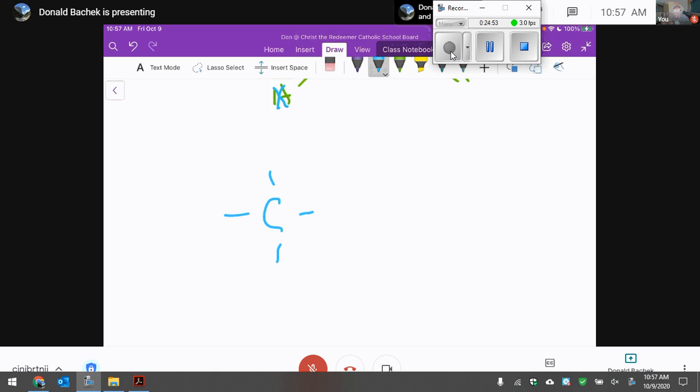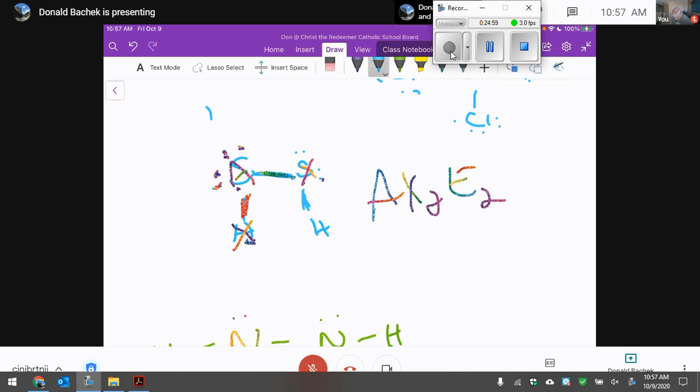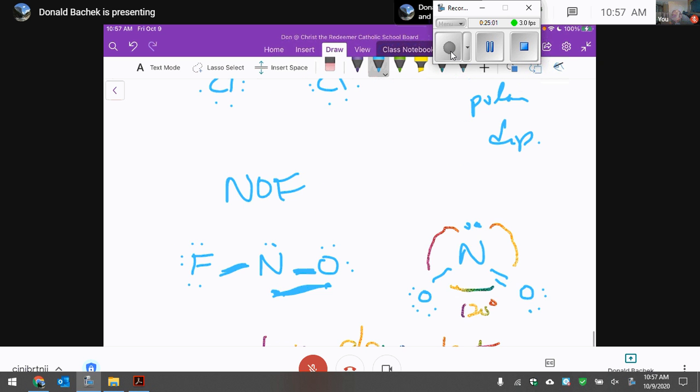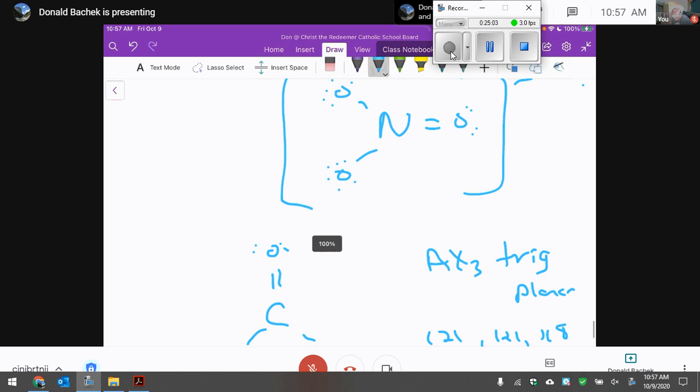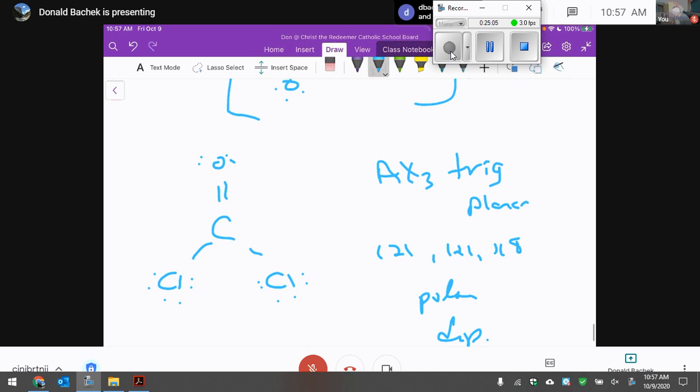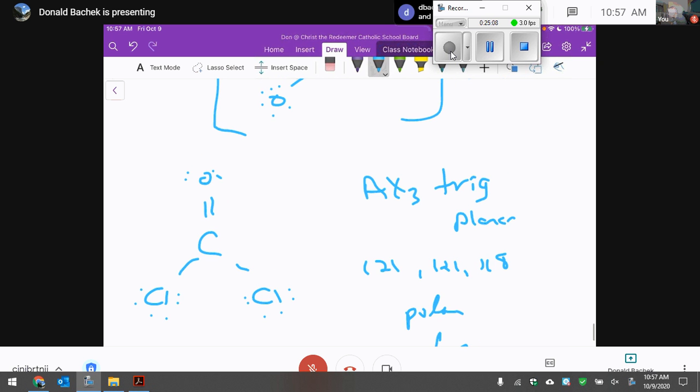So if we went back to those, which I'm not going to be able to do because I don't know how this thing works apparently. If I can go back here to this one, obviously, the rules for nonpolar are simple: AX2, AX3, AX4, and all the X's have to be the same. This is AX3, so it has a chance, but of course the X's aren't the same, so this automatically becomes polar.